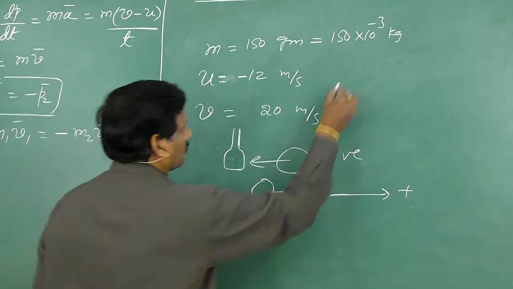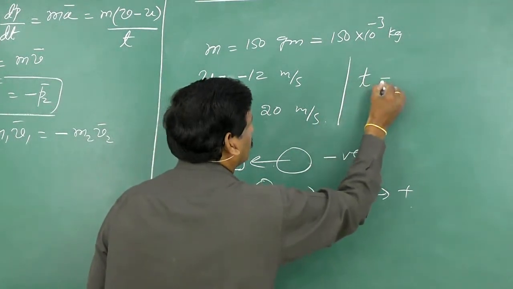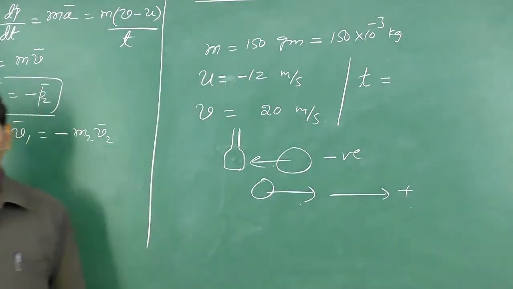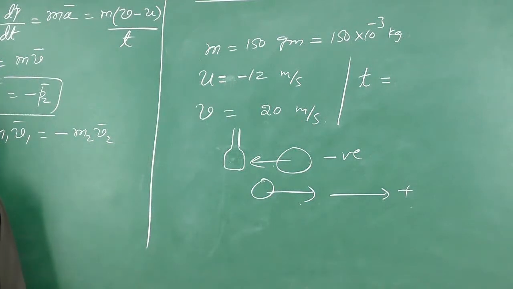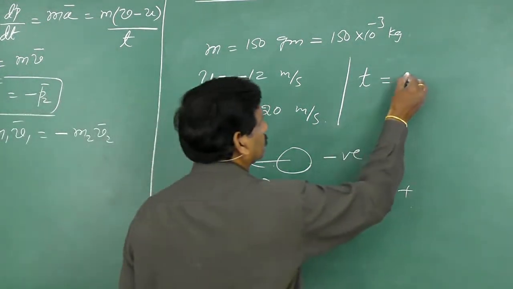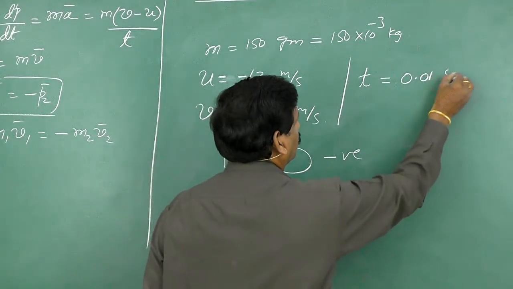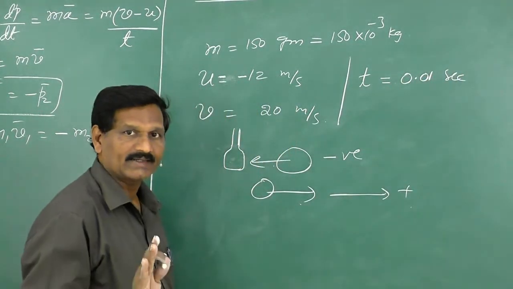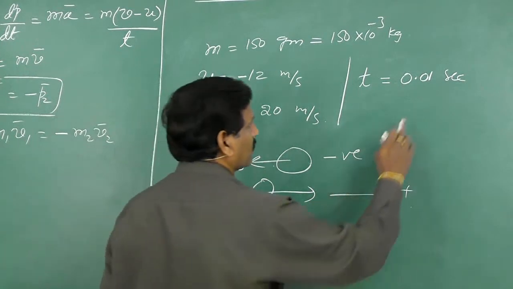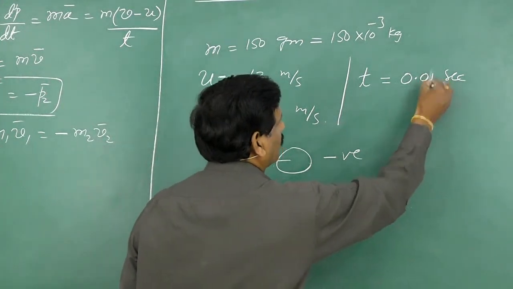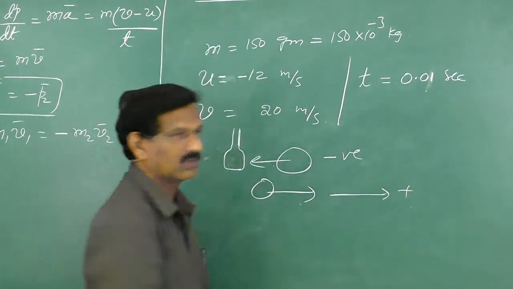And here the time of hitting the ball is given as 0.01 second. So the ball is in contact with the bat for a time of 0.01 second.